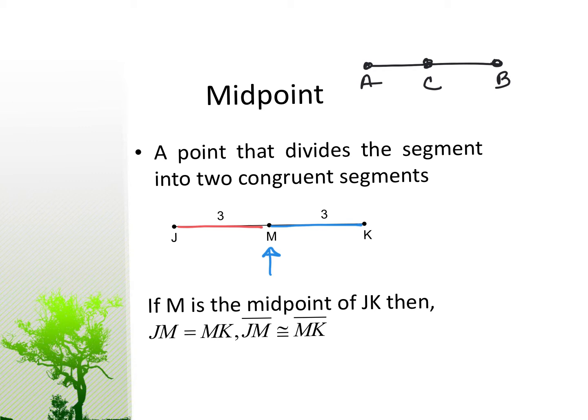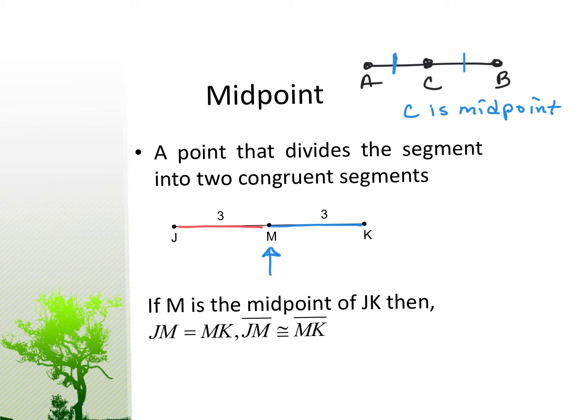So if I were to have given you that AC was congruent to CB by adding in those little congruency marks, then you could conclude that C is the midpoint. But without numbers or without markings, just because C looks like it's in the middle, you can't assume it's the midpoint.